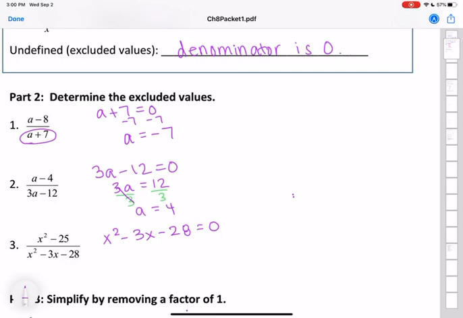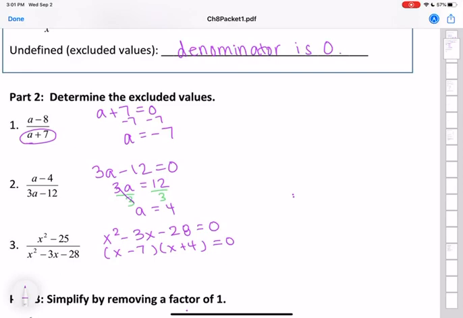Now, the leading coefficient is 1, so I can jump to the shortcut. I need two numbers that multiply to negative 28, but add to negative 3. I'm getting a negative 7 and a positive 4.